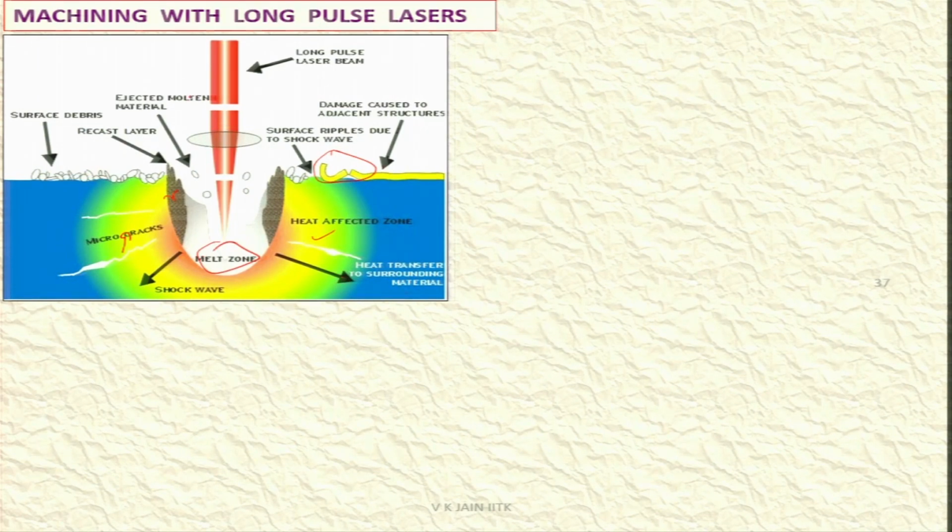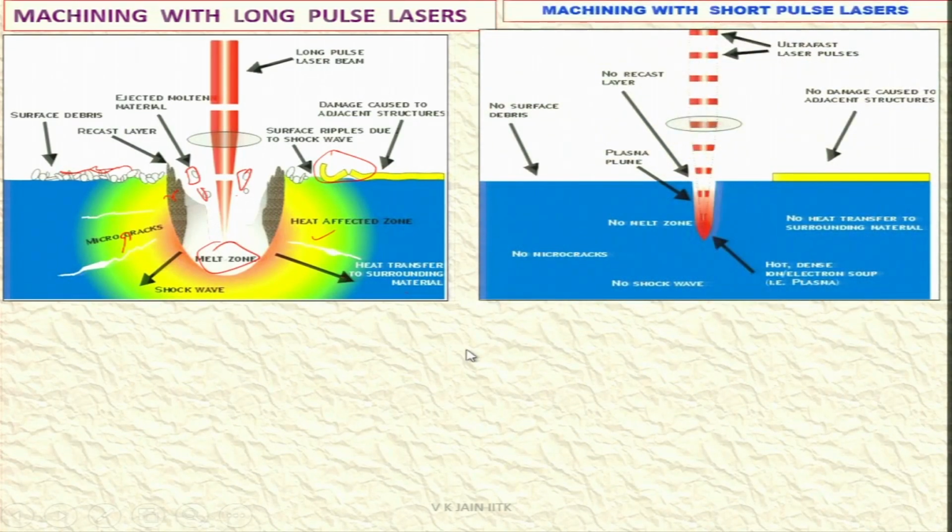ejected molten material is like this. This will go out and may get deposited over here, and once it gets deposited over here, it forms a recast layer or debris over there. So when you are using a long pulse laser, there are many disadvantages of using it.